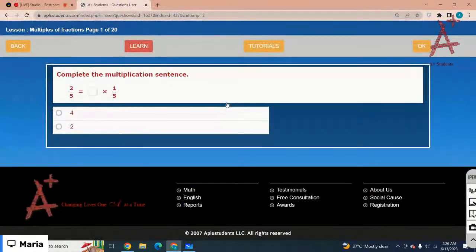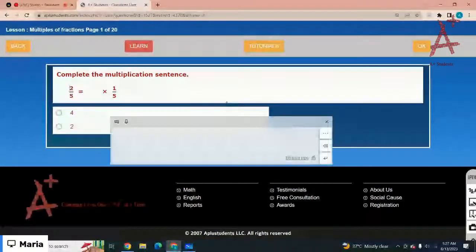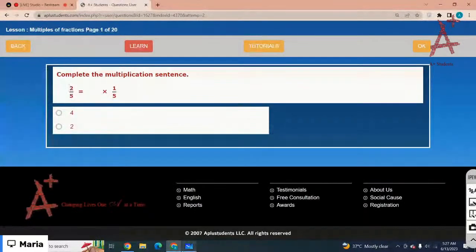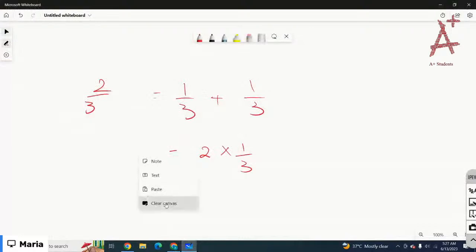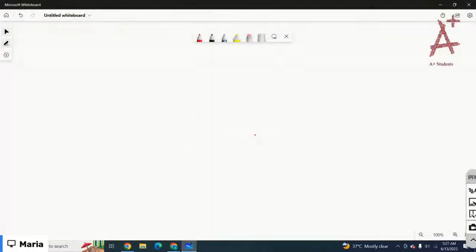Complete the multiplication sentence. 2 by 5 equals the missing number times 1 over 5. So which number is missing? The easier way is, you have 2 over 5 here.